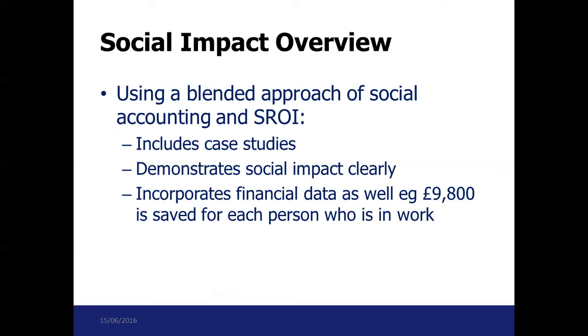So I would recommend that you think about perhaps having a blend of both of them, or alternatively just being quite detailed in terms of case studies and talking about the numbers of people that you worked with and the number of outcomes that you've achieved, and perhaps not include any financial data.